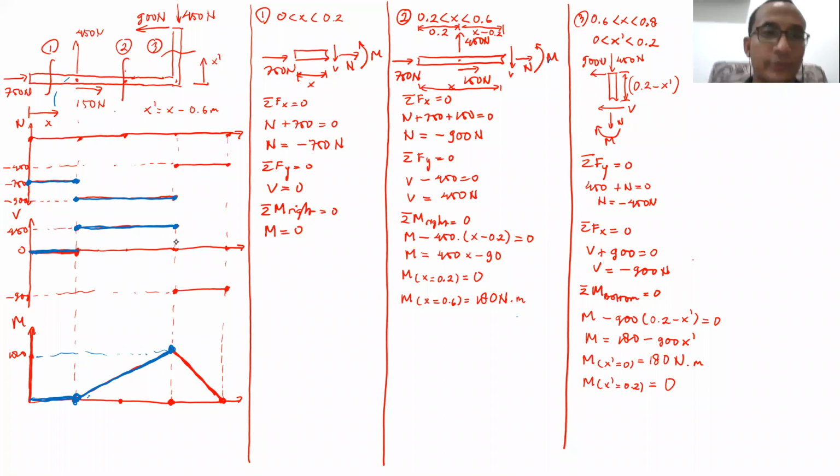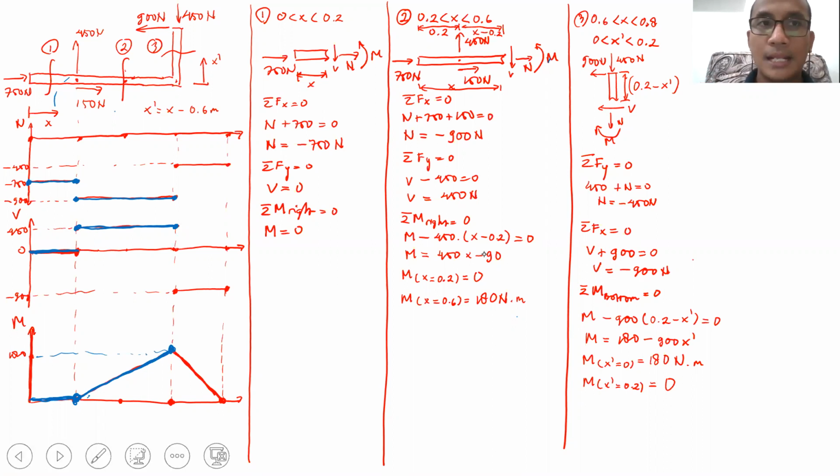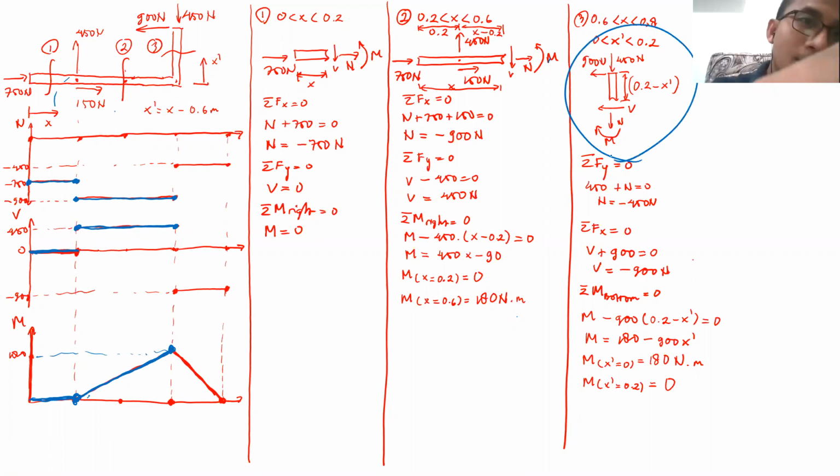As I told you, the last one is slightly different because the cutting is horizontal, because the section there is vertical, and this is the free body diagram. I use the top part of the cut instead of the bottom one, because I don't want to draw the other forces.